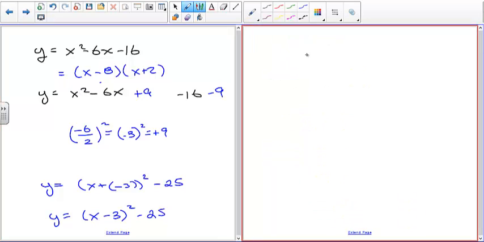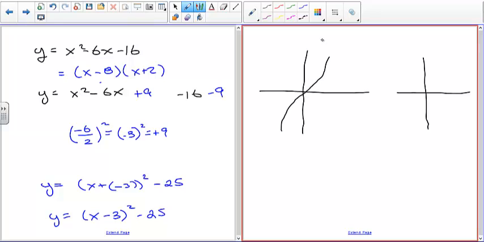Okay, the next one, show an odd function and an even function. So the easiest ones to do for an odd function is y equals x cubed, and the even function is y equals x squared. I didn't require you to do that, but those would be the easiest ones.